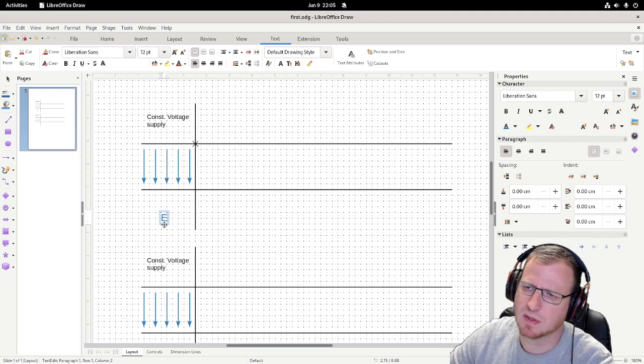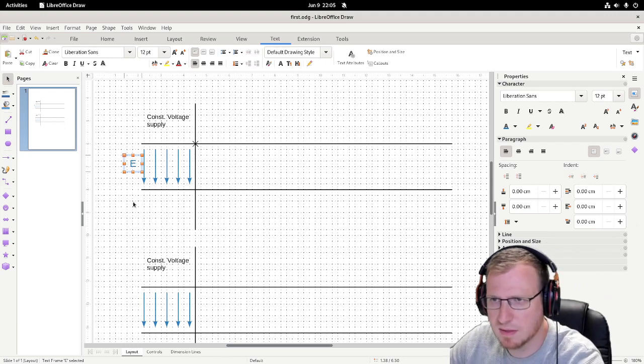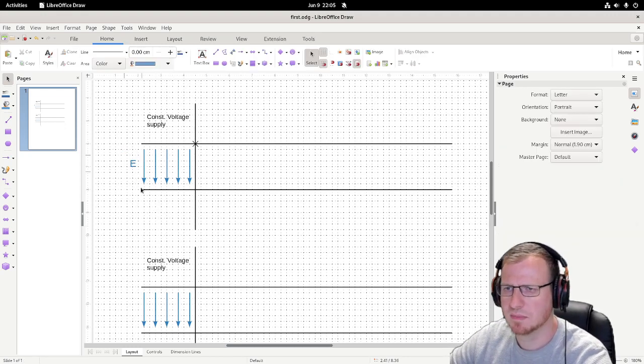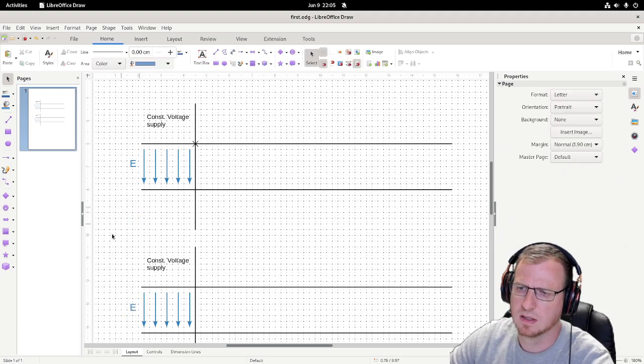So unfortunately, I'm not able to make an arrow on top of E. I would like to make an arrow on top of E, because it's a vector field. But okay, let's keep it that way for a moment.